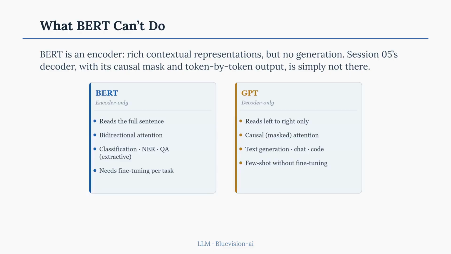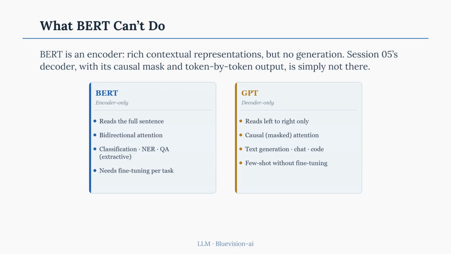Look at the comparison. BERT reads the whole sentence with bidirectional attention, and that's why it excels where the answer is already in the text. Classification, named entity recognition, extractive question answering. The price is that every new task needs its own fine-tuning run. You get no few-shot capability.